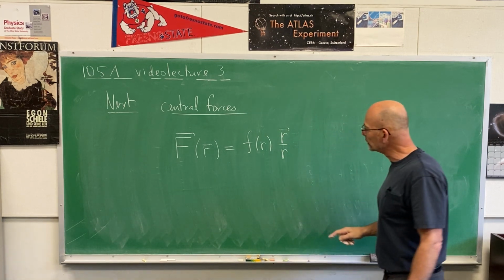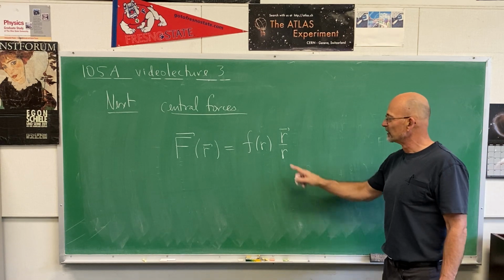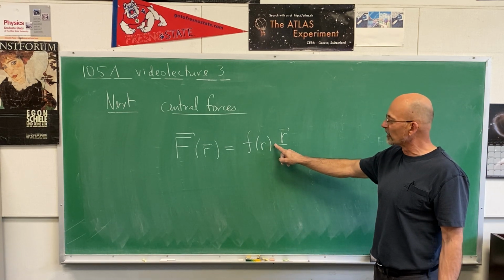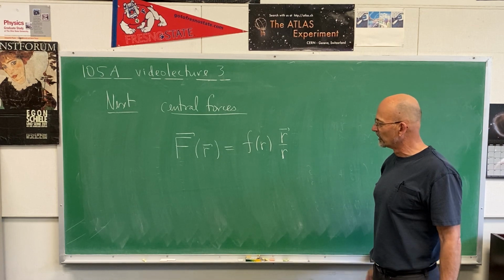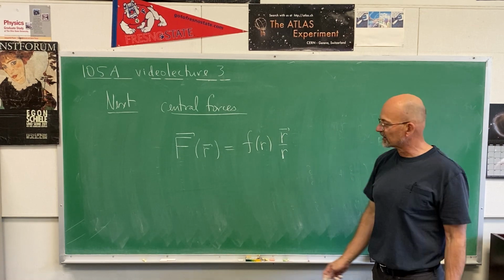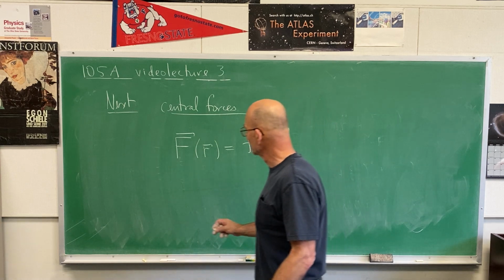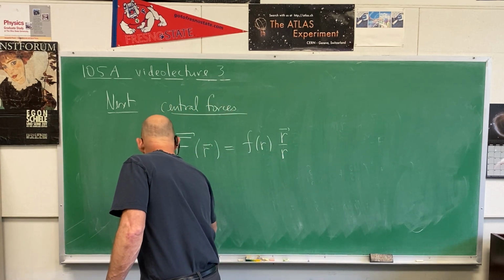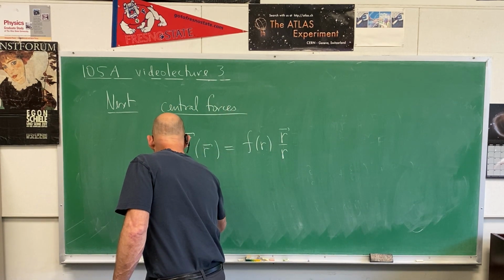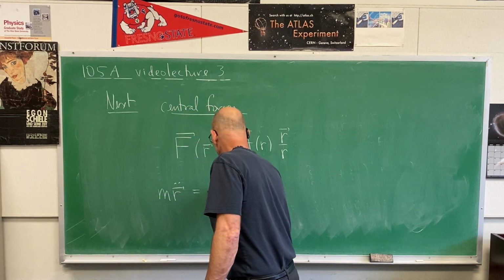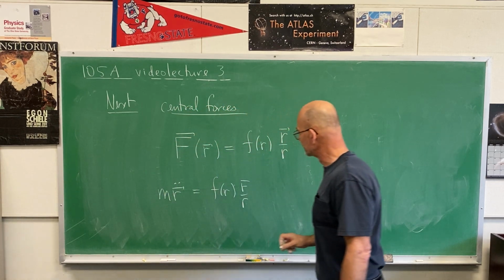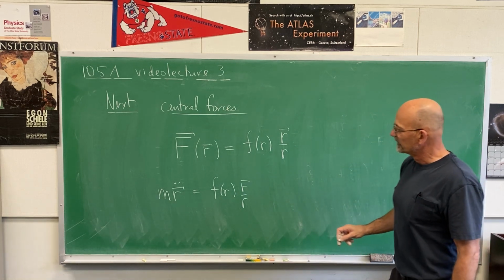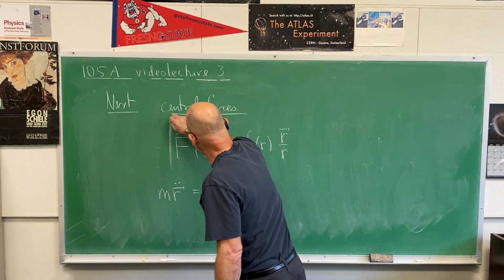So this is just the unit vector pointing away from the origin, and that's what is a central force with respect to the origin. So Newton's law would be m r double dot equals F of R. So that's the general situation that we're going to be working with.